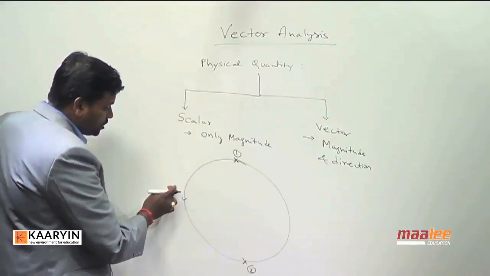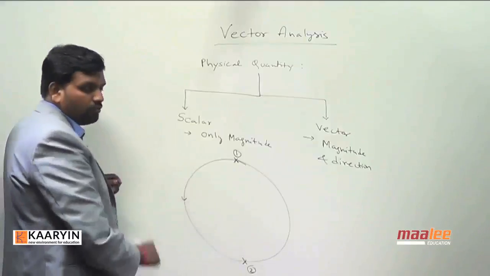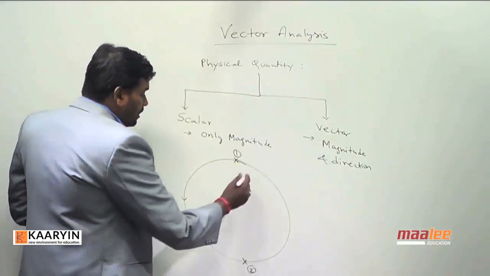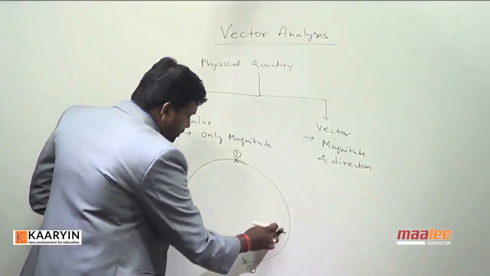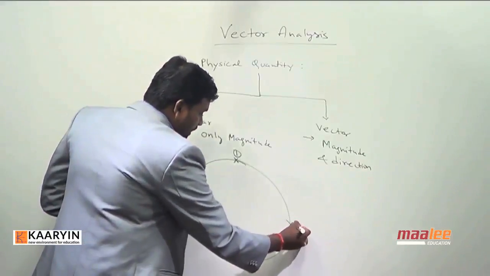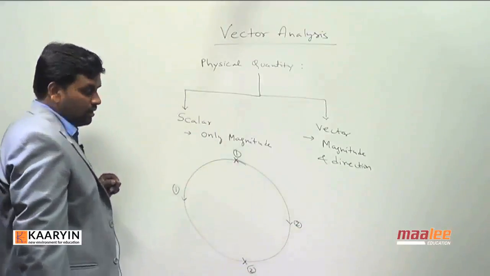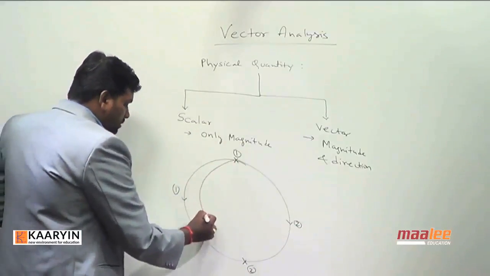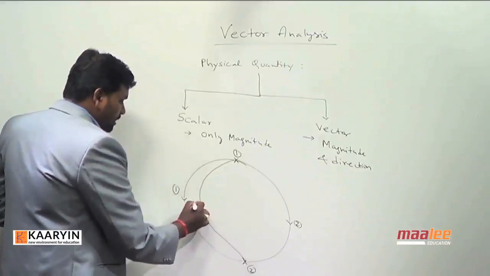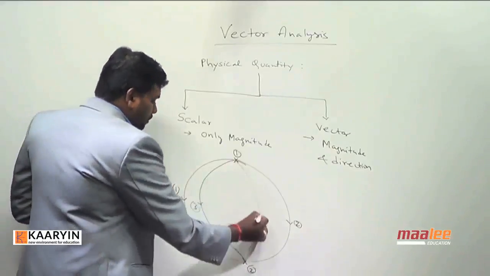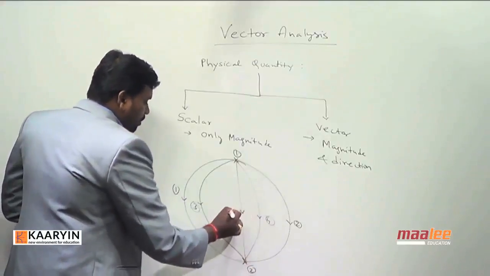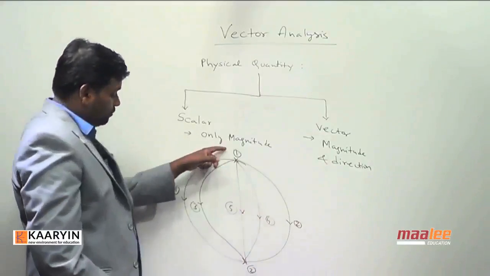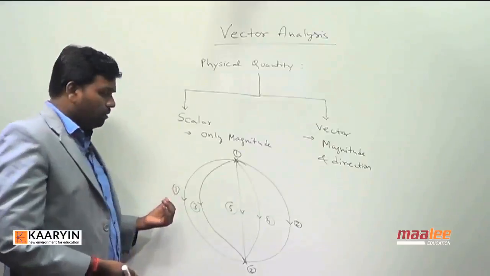You can follow this path and come to your friend. This is path number 1, route number 1. Similarly, you can follow this path, route number 2, and again you can reach here. Then you can follow this path, and with this path you can reach here. Similarly, you can follow this path, you can follow this path.